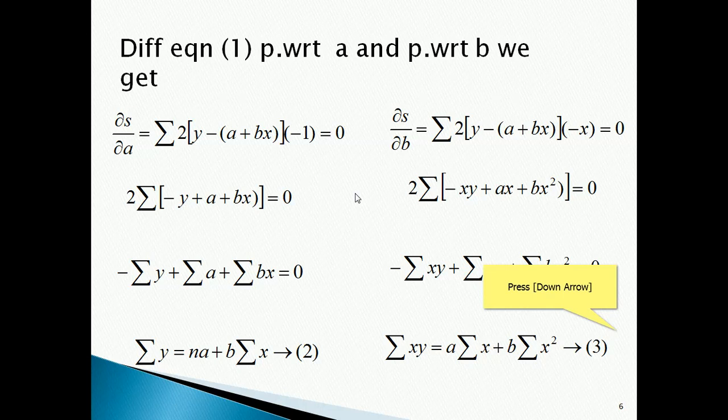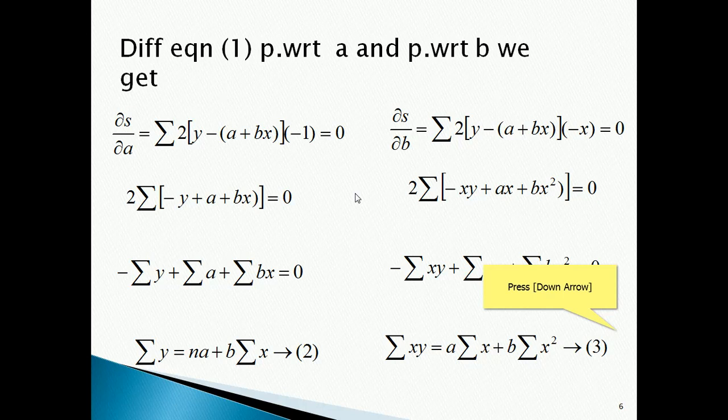Divide throughout by 2 and take the summations separately for each of the terms. Minus sigma xy plus sigma ax plus sigma bx square equals 0. Shift this term to the right hand side: sigma xy is equal to a constant into sigma x plus b outside sigma x square. Call this equation 3.